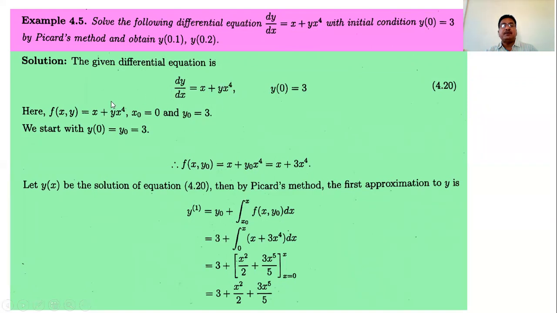Since y0 is 3, we write 3, and then we have the first approximation: x plus 3 x raised to 4. After integration we have this answer, the value at the upper limit minus the value at the lower limit. If we substitute x equal to 0, we get 0. So this is the first approximation.